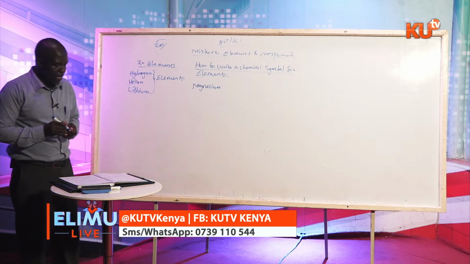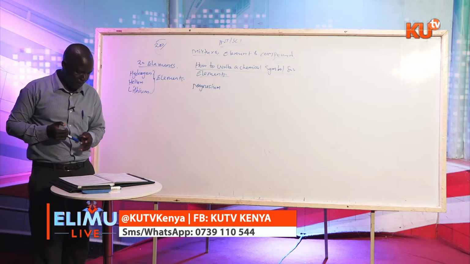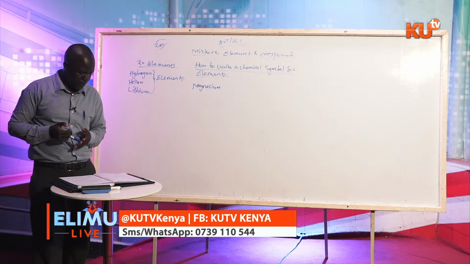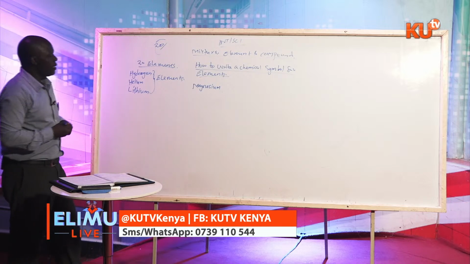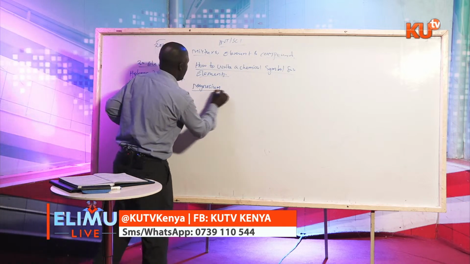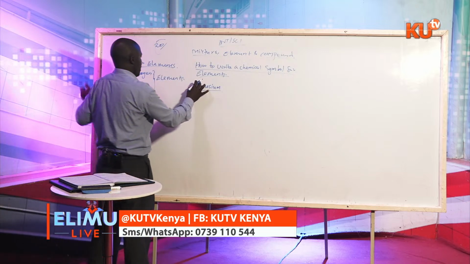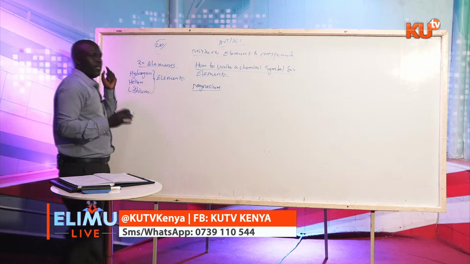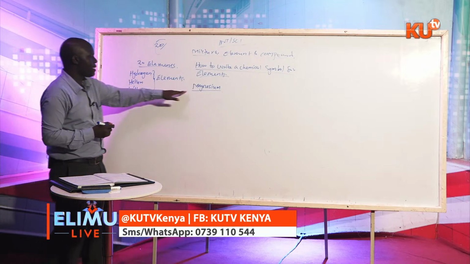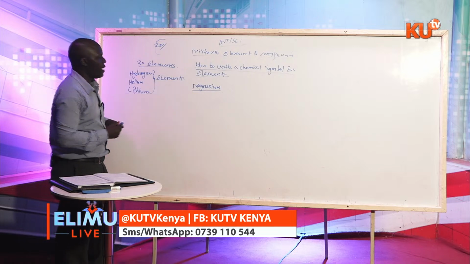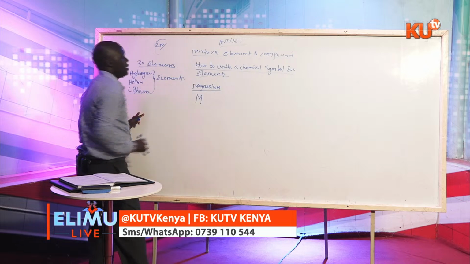So how do we write the chemical symbol for magnesium? So one, the rule is that when writing the chemical symbol, we consider the first letter of that element. For example, magnesium takes the first letter, which is M, and therefore M must be what we call the uppercase.